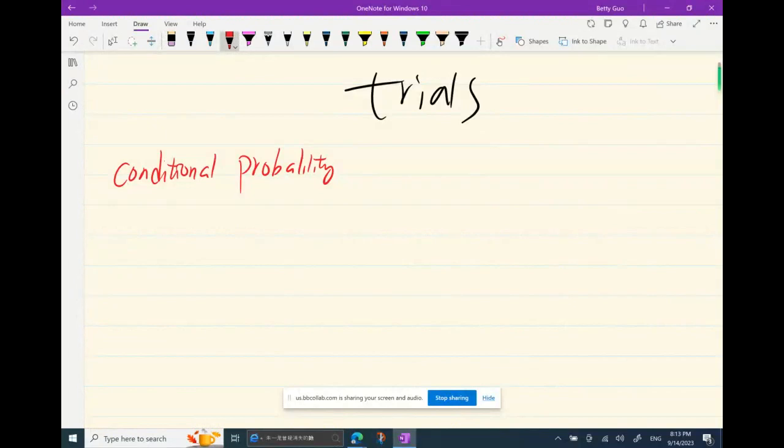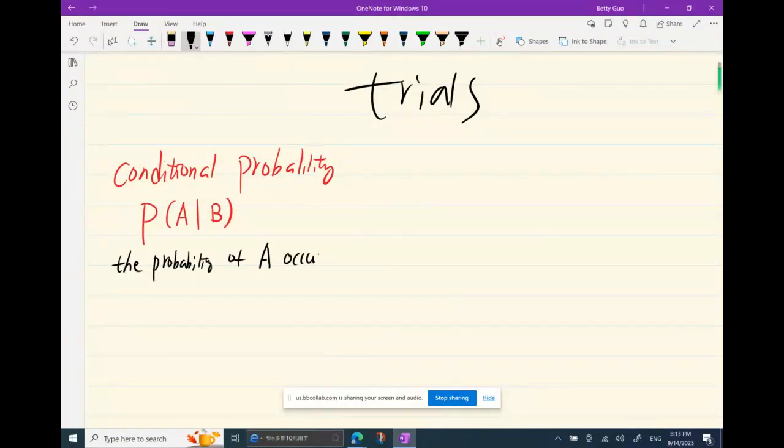Firstly, let's see the notation of a conditional probability: P of A given B. This notation represents the probability of A occurring given, remember the small vertical bar is called "given," given that B already occurred.